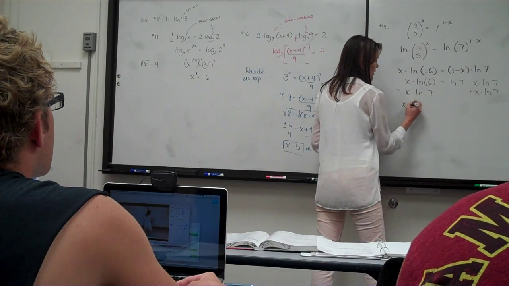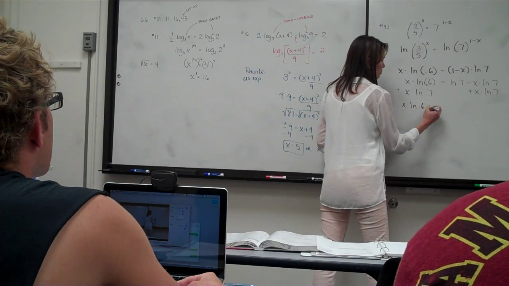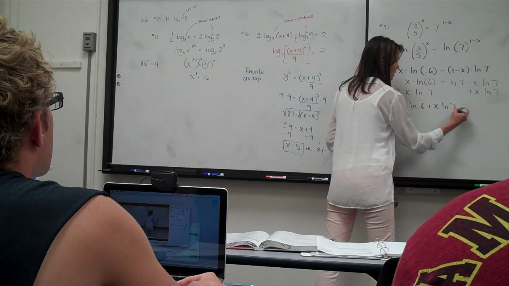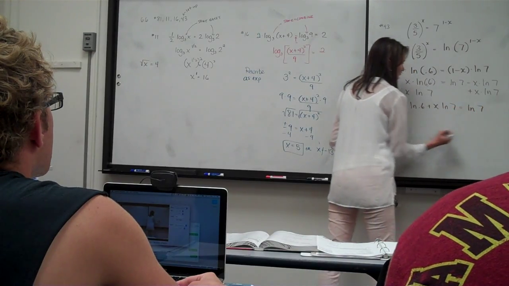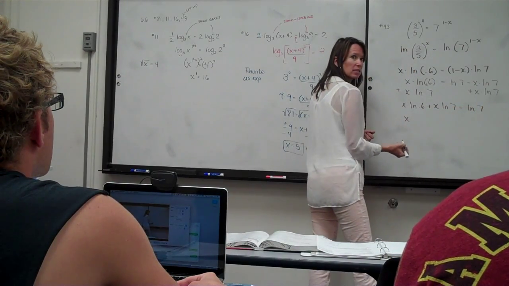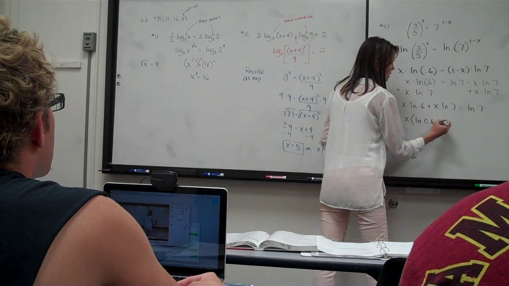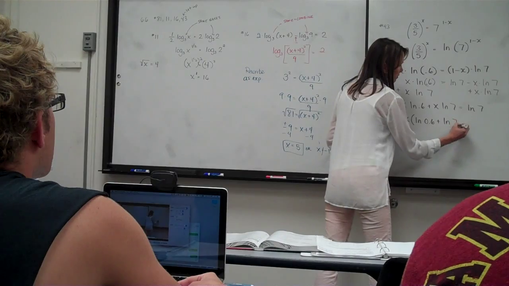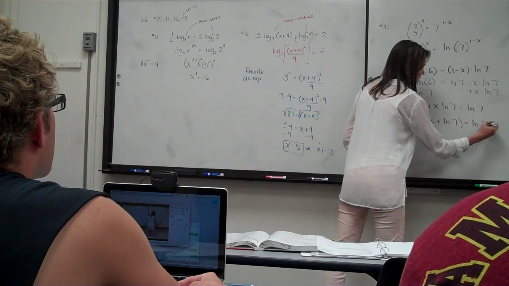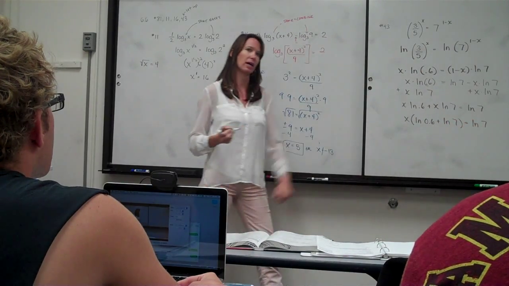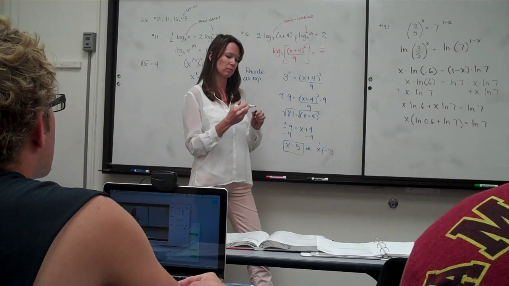So I have x ln of 0.6 plus x ln of 7 equals ln of 7, and then we can factor out the x. So that would be x times ln of 0.6 plus ln of 7 equals ln of 7. And then you can divide by that.